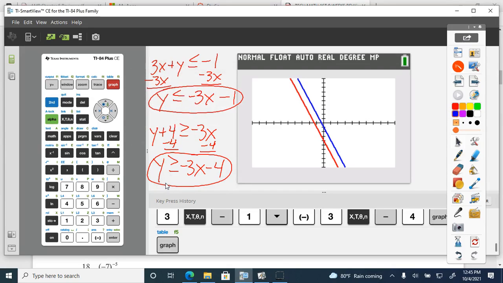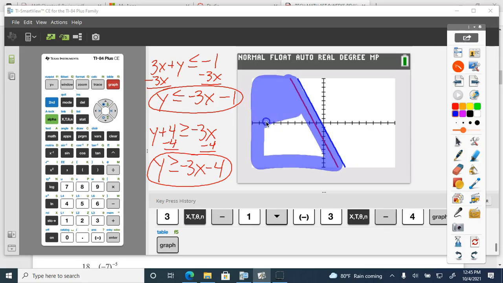Shading down. It's less than, correct? Okay, so everything below the blue line, I'm shading. Okay, so it's going to look like this. Okay, what about the red line? It's above the red line. So everything above the red line, I'm going to shade.